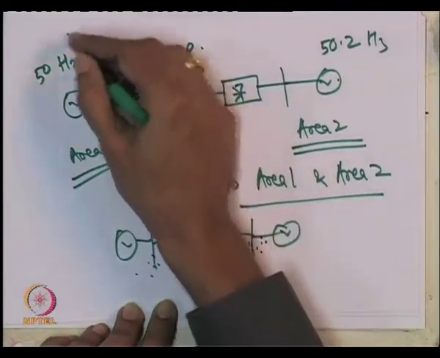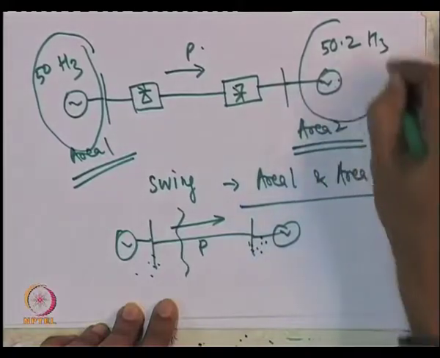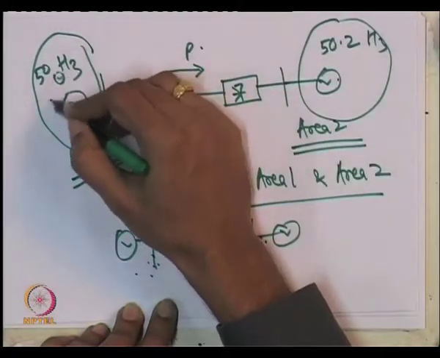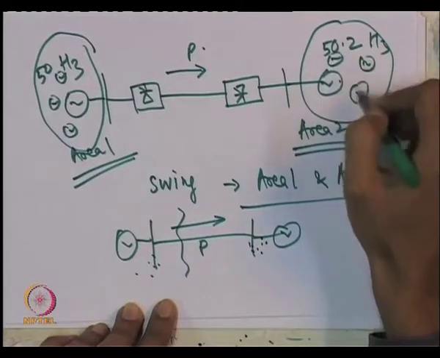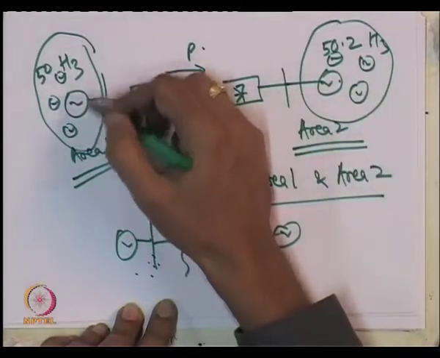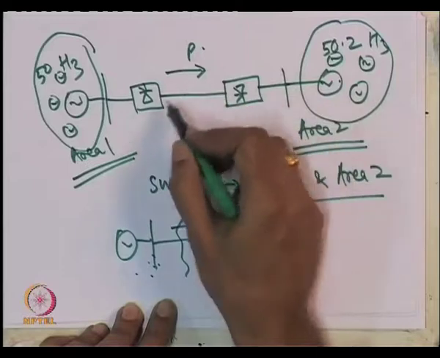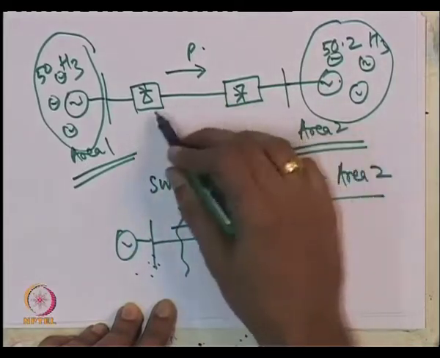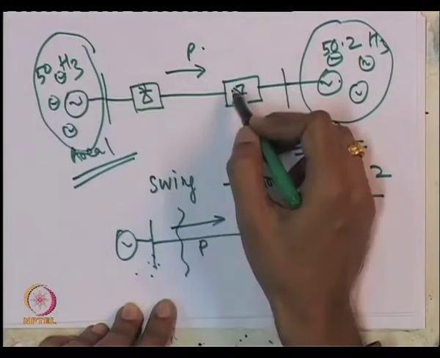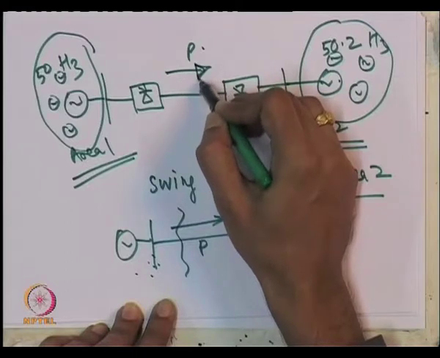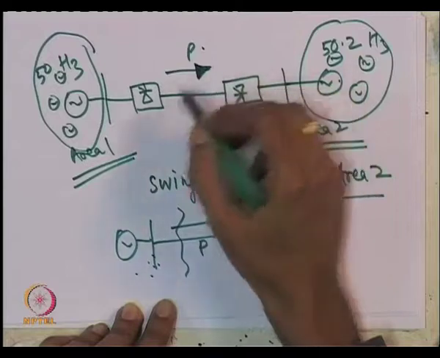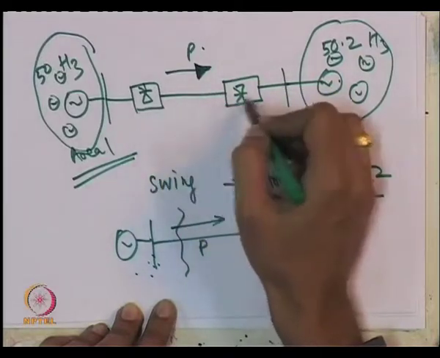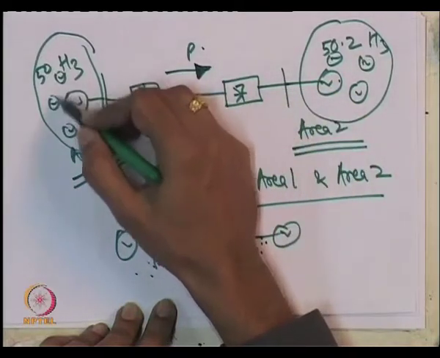Of course, within a synchronous grid, if there are many machines here, there could be oscillations between these machines. In any case, it is not really very obvious that the HVDC link can control the swing modes here.